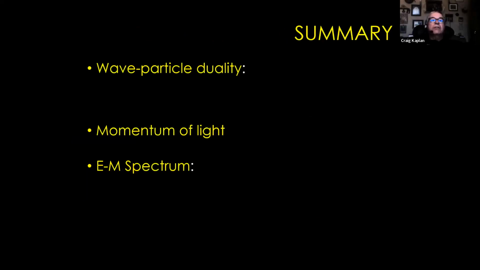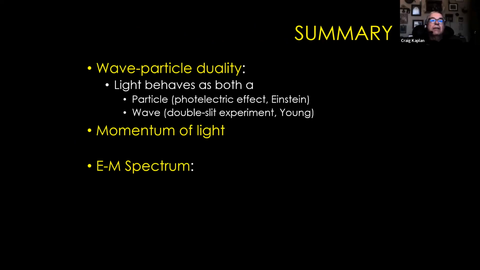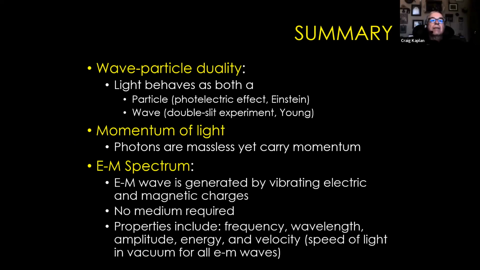All right, so kind of to summarize for this session, part one, we talked about the fact that light is a duality. Light behaves as both a particle and a wave. That light has momentum, photons have momentum, even though they don't have mass. That an electromagnetic wave is generated by vibrating electric and magnetic charges.